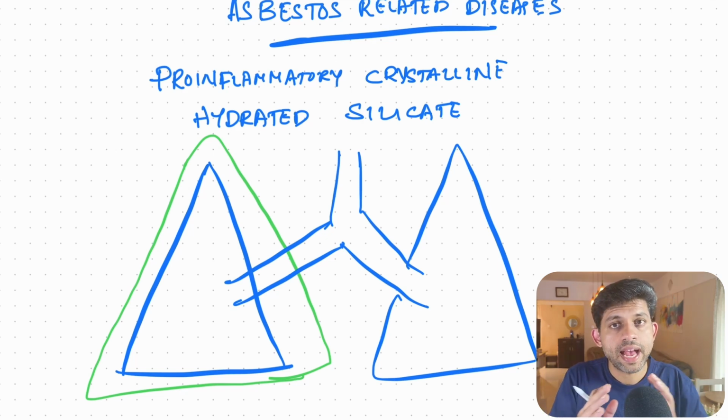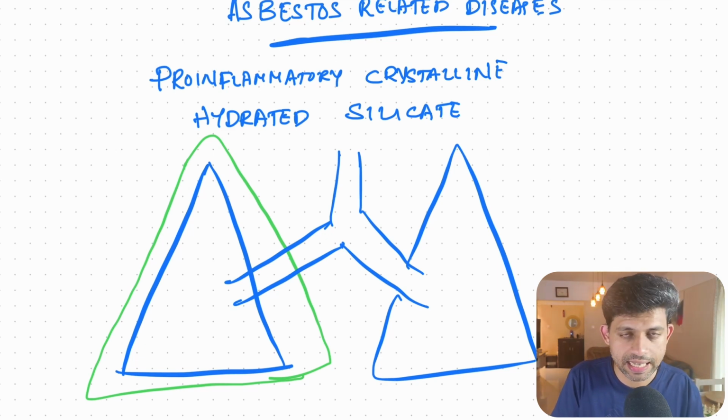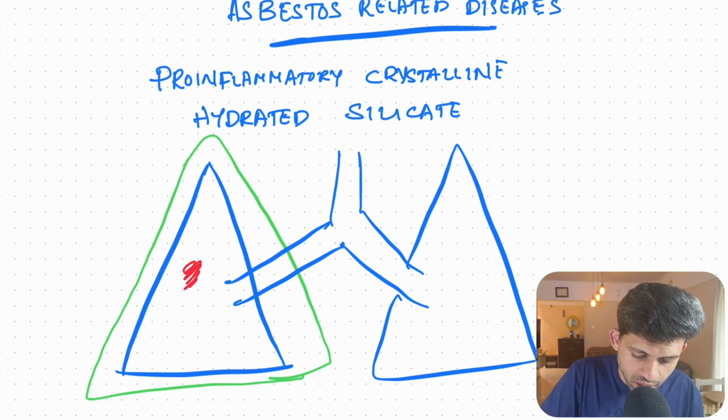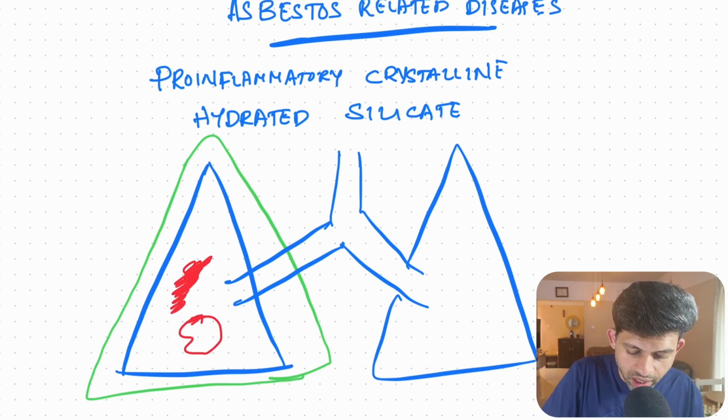This brings us to asbestos-related diseases. Asbestos is a pro-inflammatory crystalline hydrated silicate. Exposure to asbestos is related to a lot of different lung diseases. It can cause interstitial lung disease called asbestosis, or it can cause lung cancer.